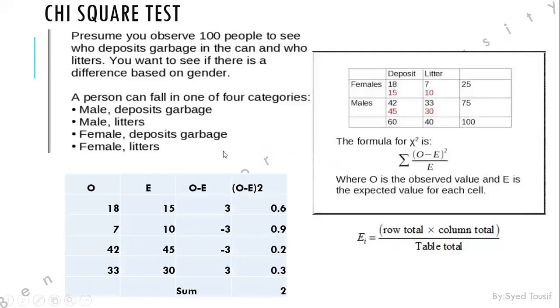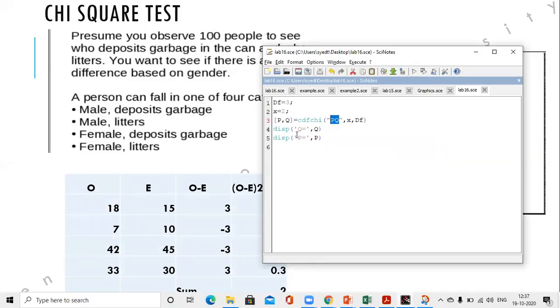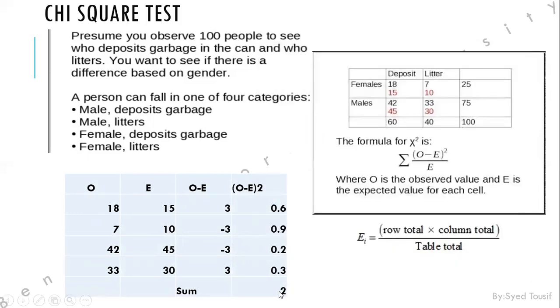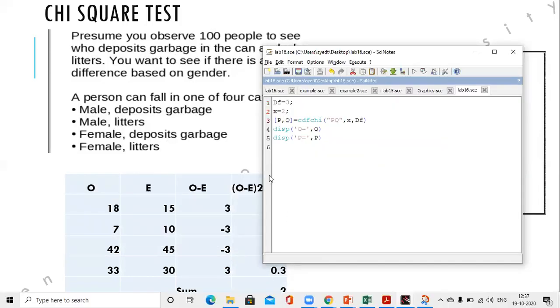Four values are there, so the degree of freedom will be 3, and the x we got is 2, so I have applied 2.